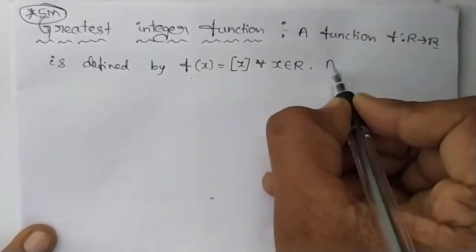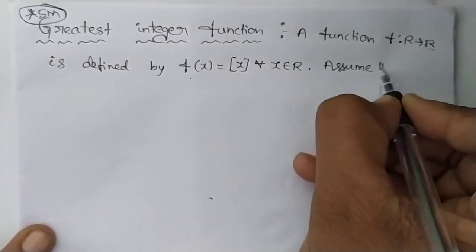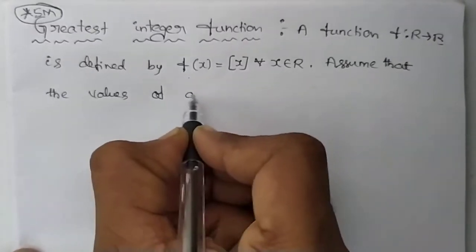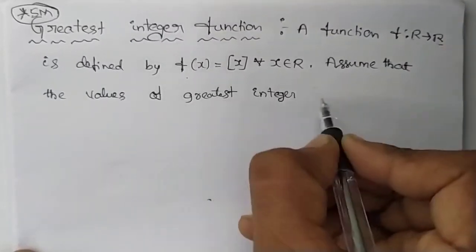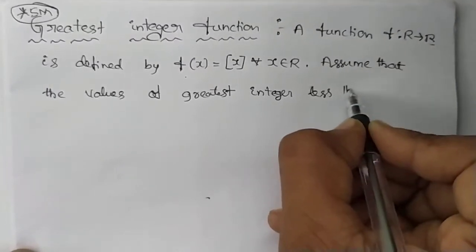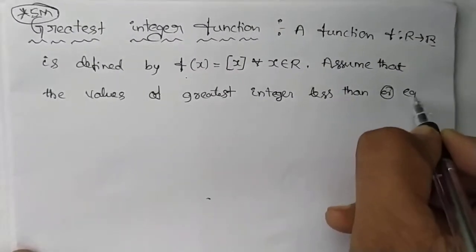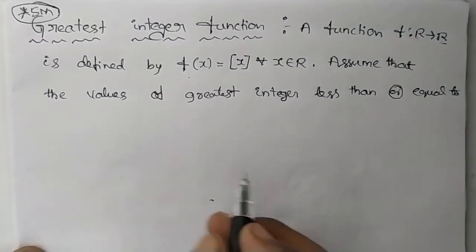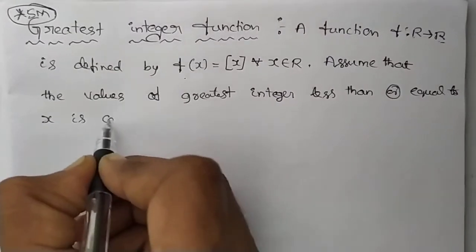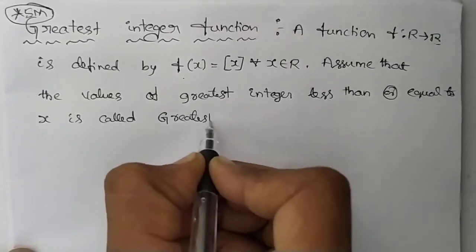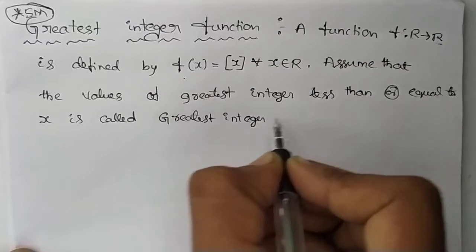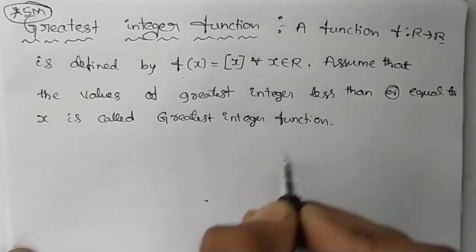Assume that the value of the greatest integer less than or equal to x is called the greatest integer function, or step function.